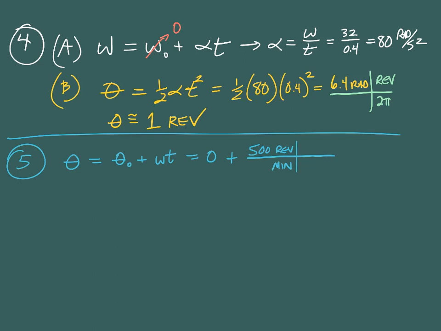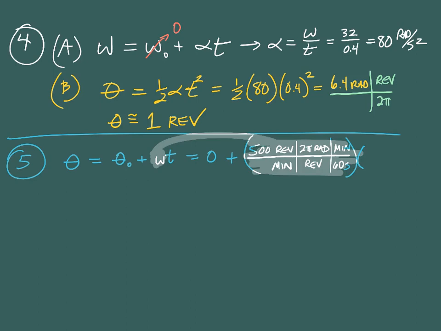I can only use radians per second. And minute 60 seconds. So that's my omega right here. That's omega, had to convert it. And then the time was, oh, it's in minutes already.